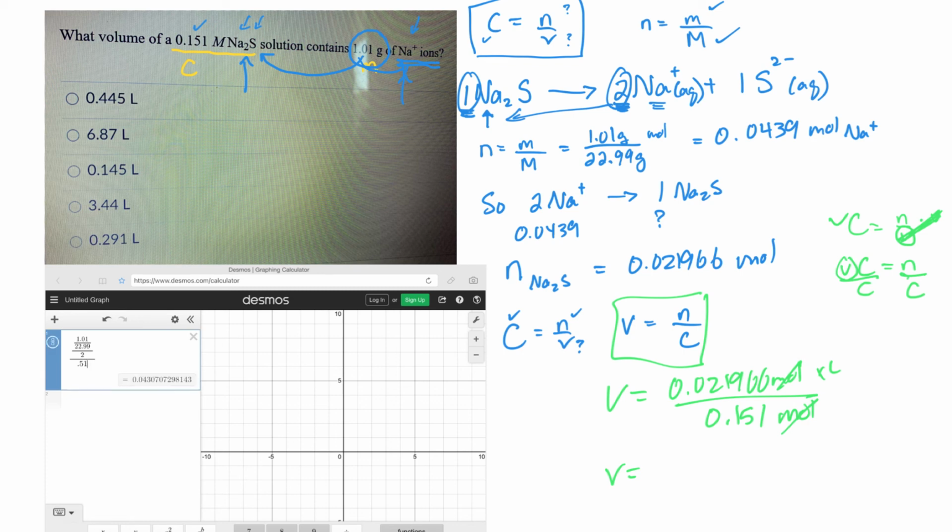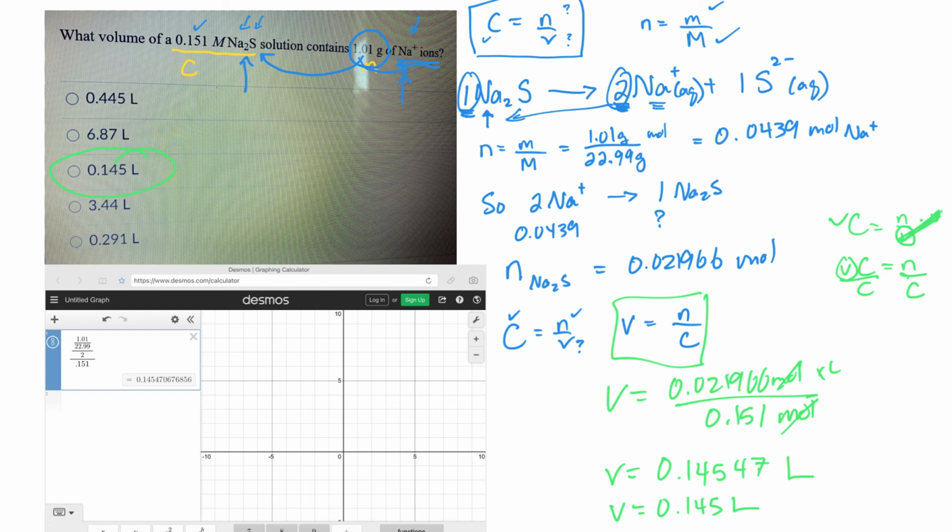Whoops, I missed a 1. There we go. So the volume is 0.14547 liters. Rounding that to 3 sig figs, the volume is 0.145 liters. Hopefully that helps you with that one.